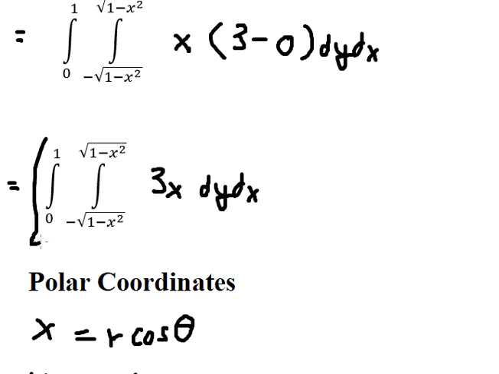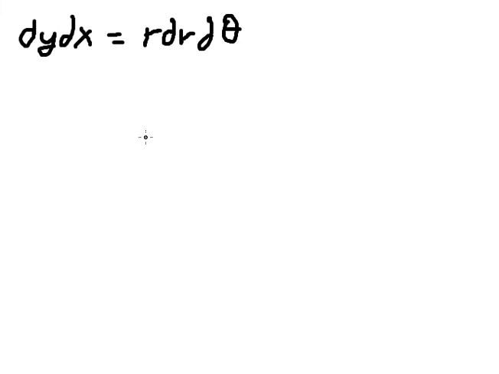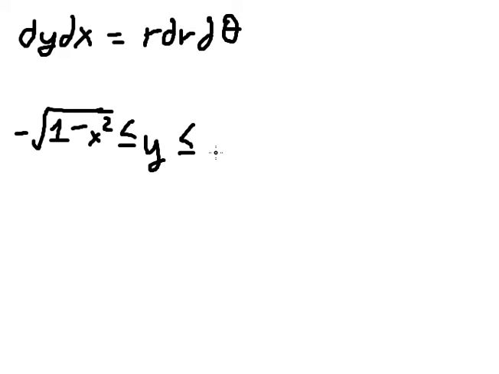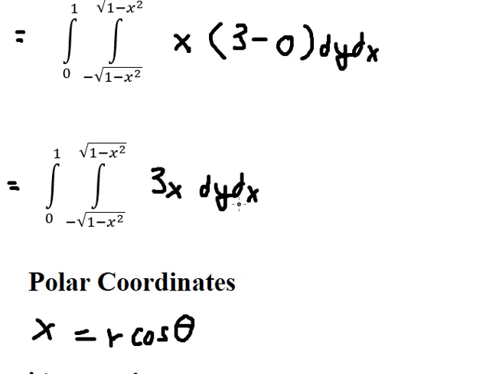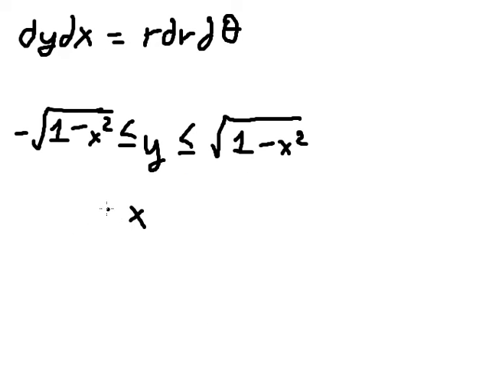Now we need to consider the bounds in here. So we have dy, that means y is greater than or equal to negative the square root of 1 minus s squared, and smaller than or equal to the square root of 1 minus s squared. The next one we have s, so s is greater than or equal to number 0 and smaller than or equal to number 1.